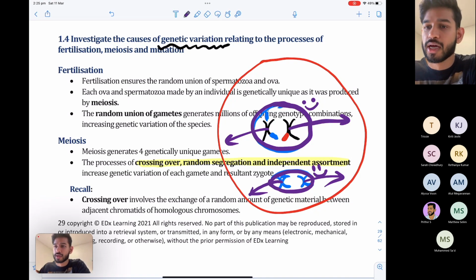Okay, good. Does anyone have any questions? Because this will arguably be the last time I explain meiosis until your trial exams come up and we do exam questions. Feel free to ask anything you'd like, but do ask it now.